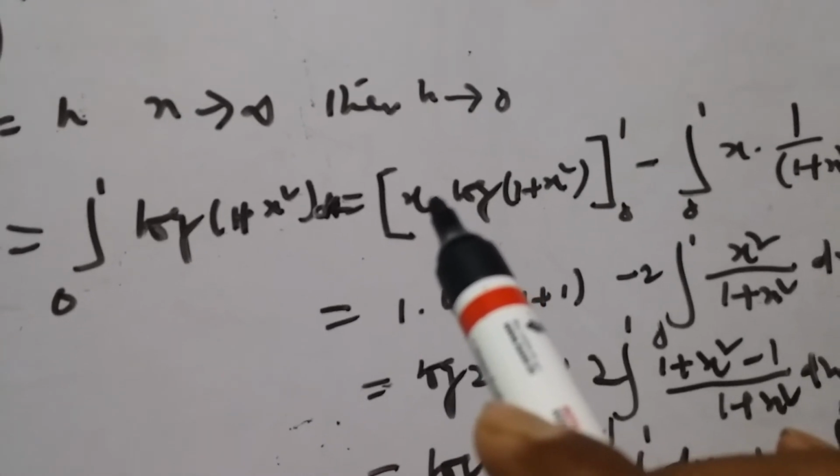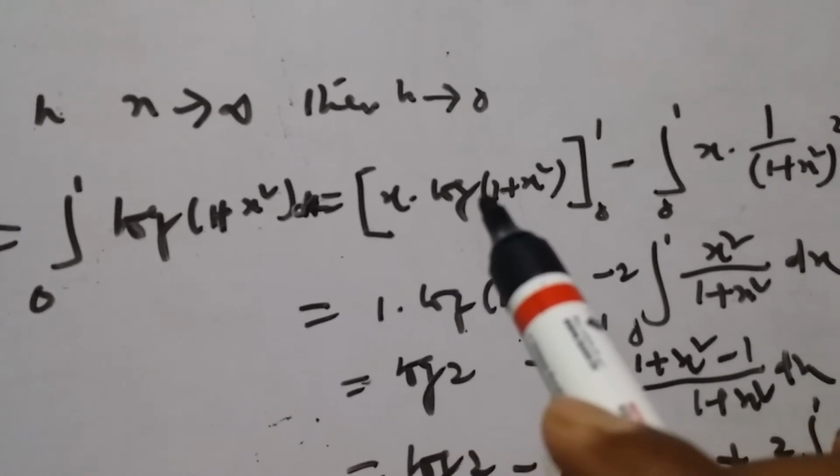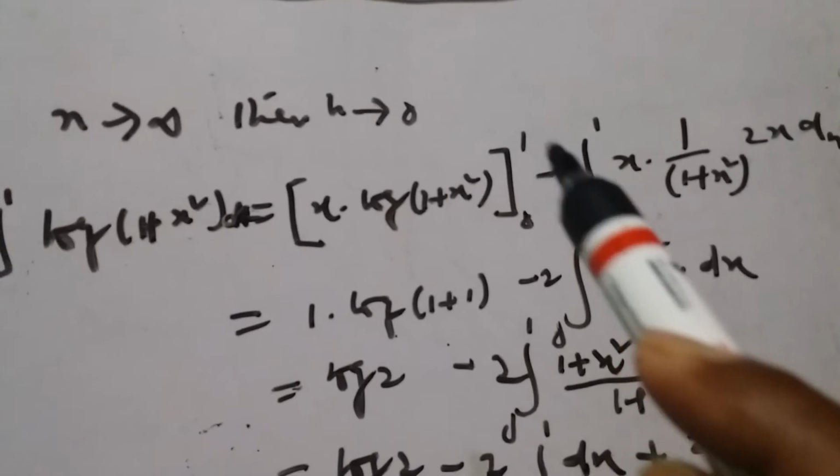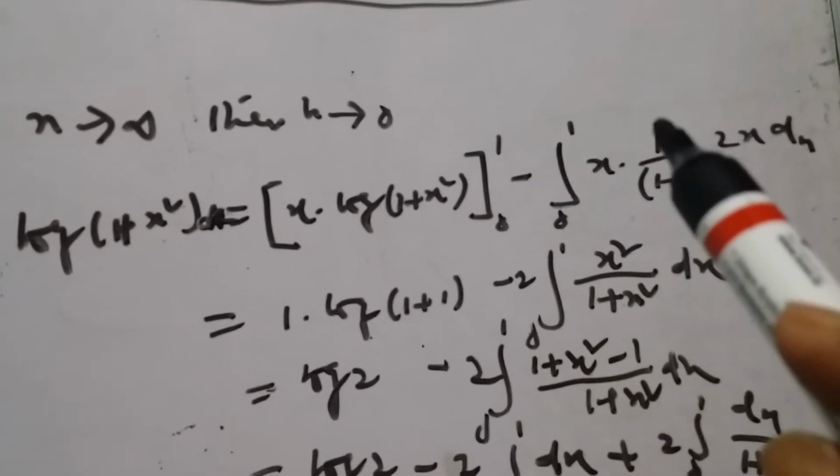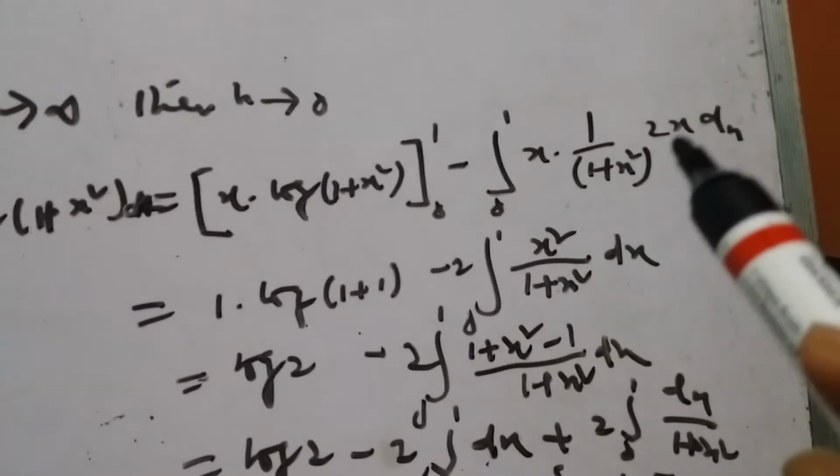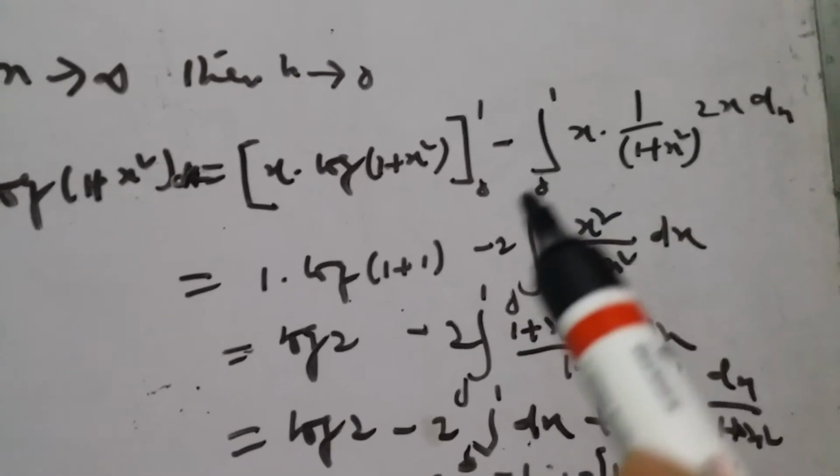So you get the result x log(1 + x^2) from 0 to 1 minus the integral of x into 1/(1 + x^2) into 2x dx from 0 to 1.